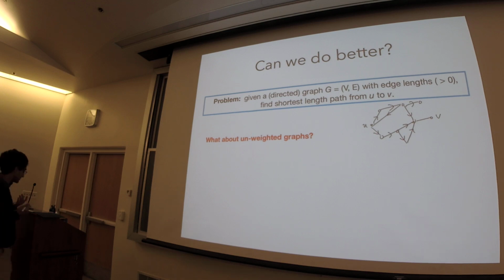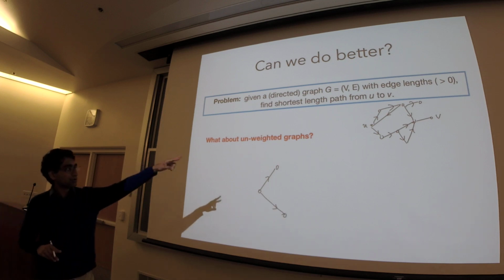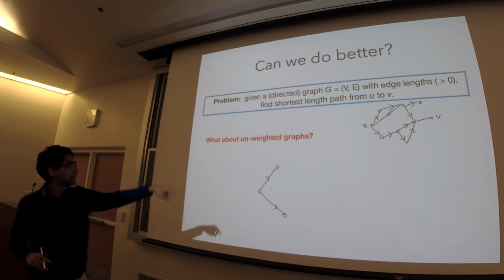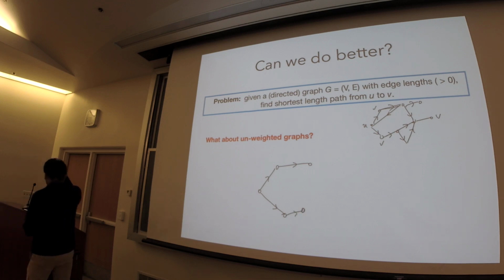And what is breadth first search? It's just you start with U, you explore, you see everyone who is reachable with one edge. In this case, there are only those two vertices. So this one and this one. And you see everyone who is reachable with 2 edges.